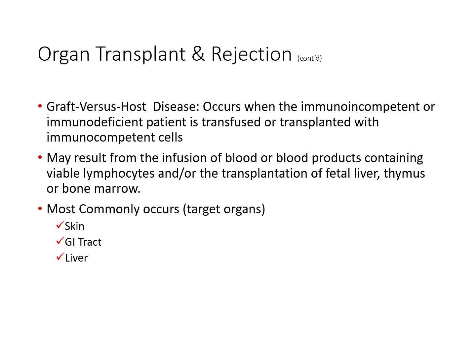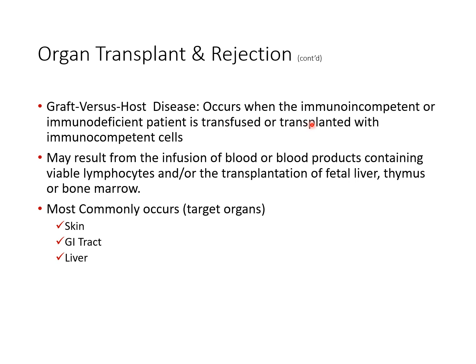So in terms of organ transplant and rejection, there are other types of rejections that I want you to be aware of. So there's what is known as a graft versus host rejection that can happen, right?